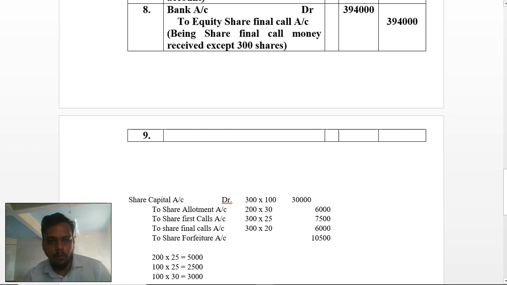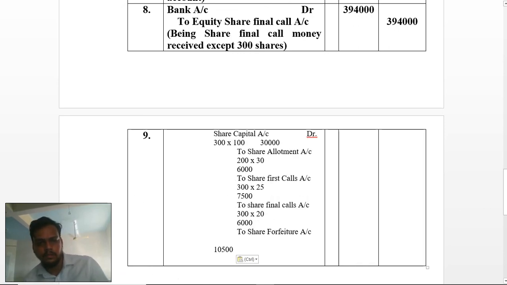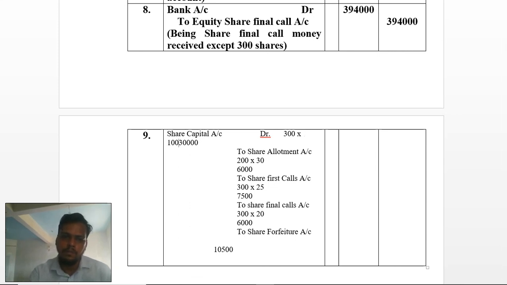Now I am copying this content and pasting it in the table. It is very easy to copy and paste everything, but I'll be writing the amounts very carefully.